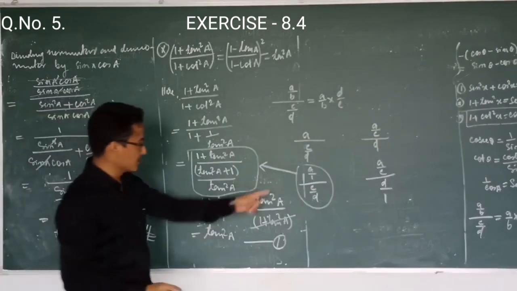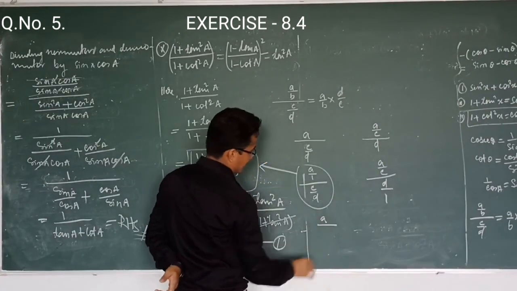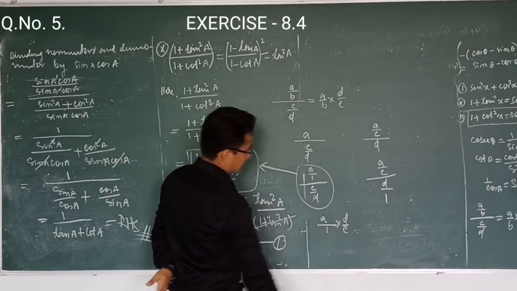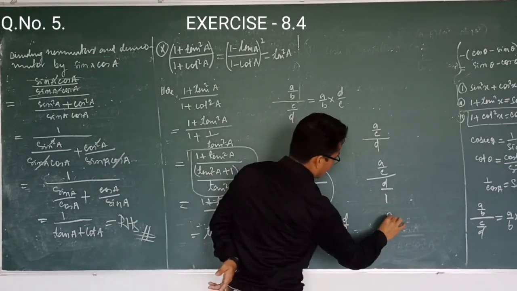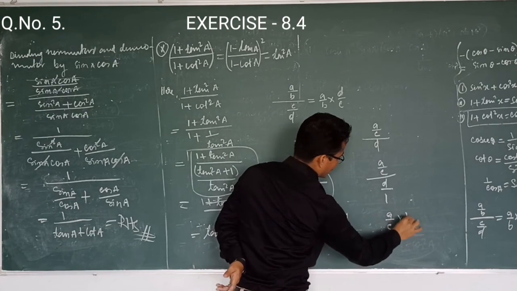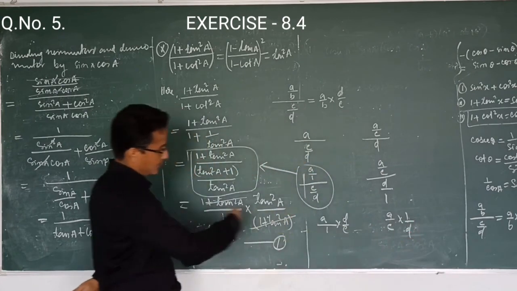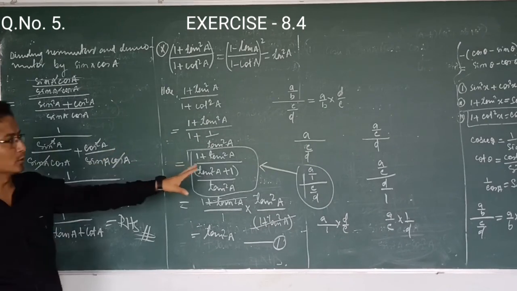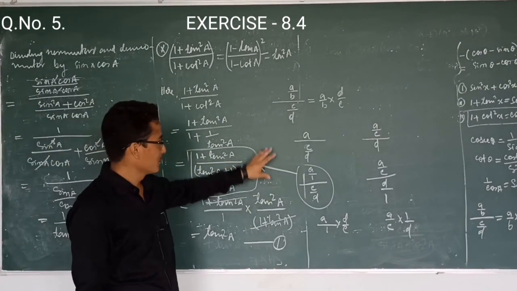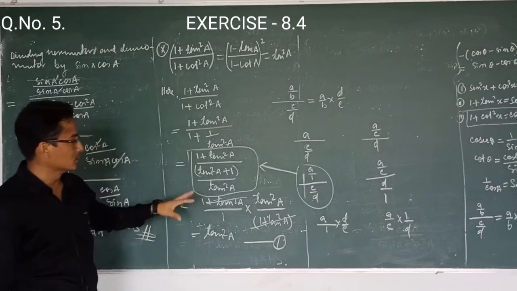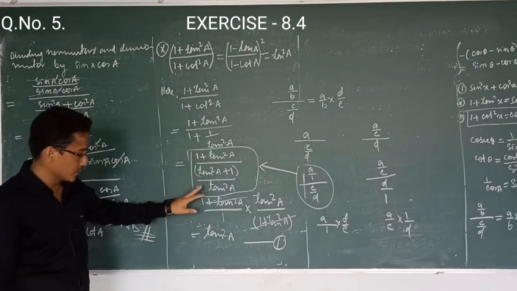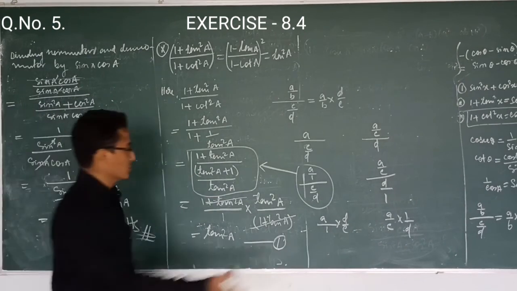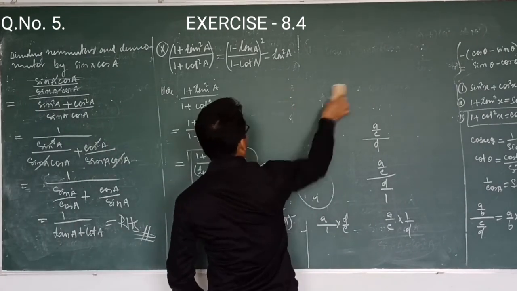If the denominator is like this, then we will write a/1 into b/c. This is a/c into 1/d. So both are different. This is easy, I know you all know that, but I suggest you take care while solving the question, otherwise you will make a mistake somewhere. Okay, so let's see the next part.